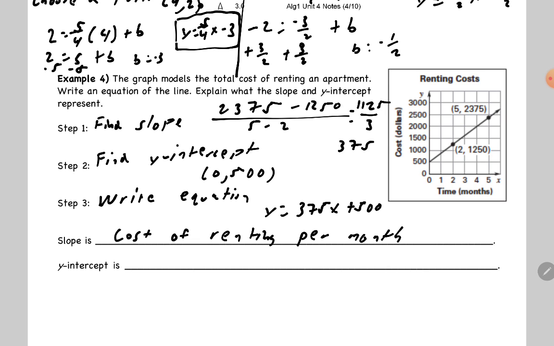So the y-intercept is probably your security deposit.